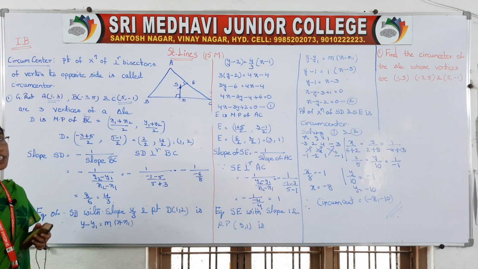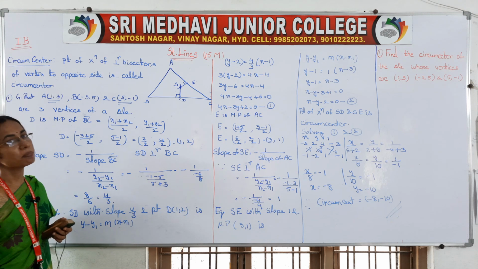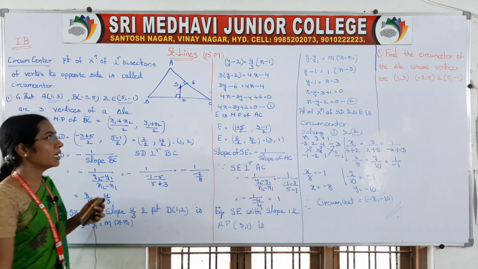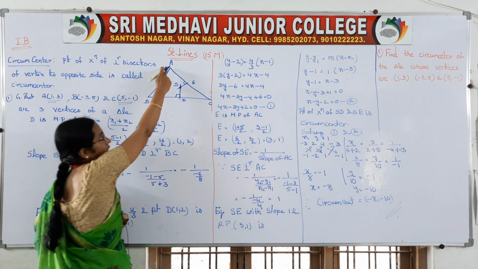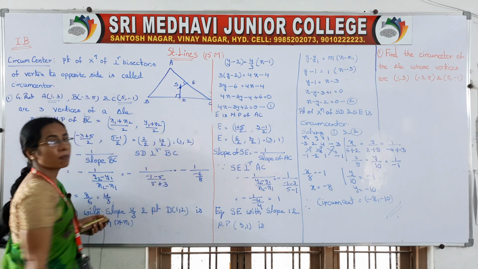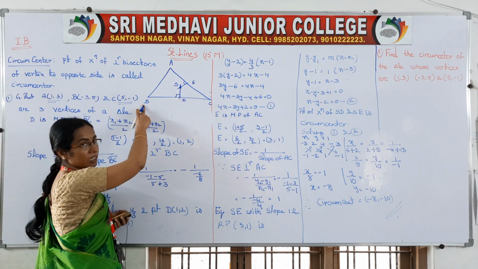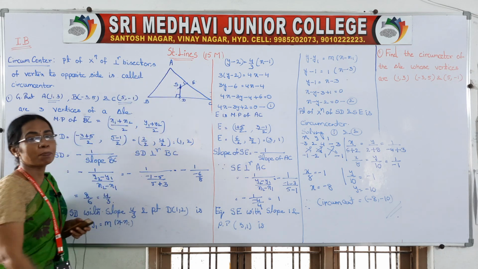The point of intersection of perpendicular bisectors is called circumcenter. Perpendicular bisectors of the vertices to the opposite side of a triangle. So if you take vertex A, you take its opposite side, its perpendicular bisector. You take vertex B, its opposite side is AC, its perpendicular bisector.